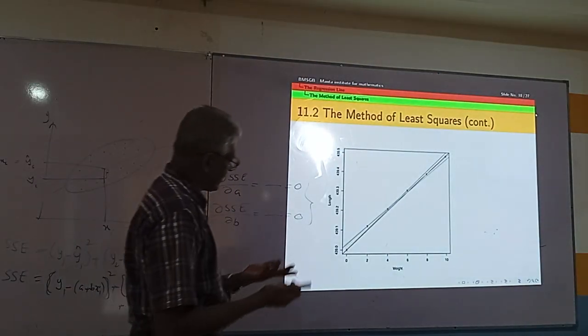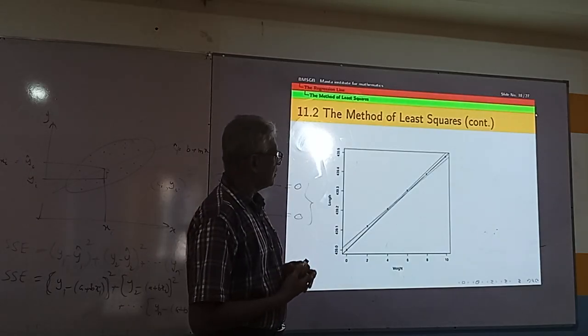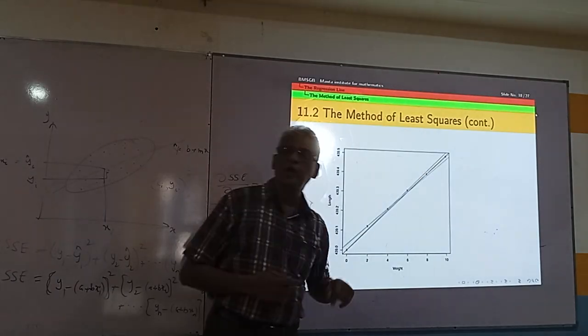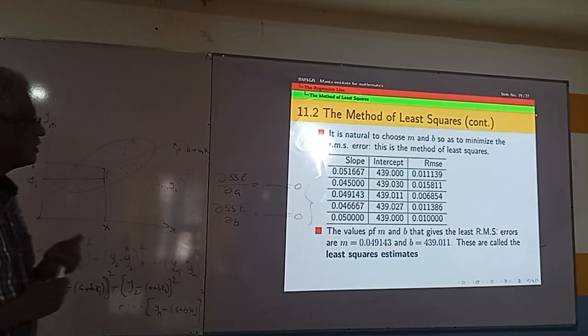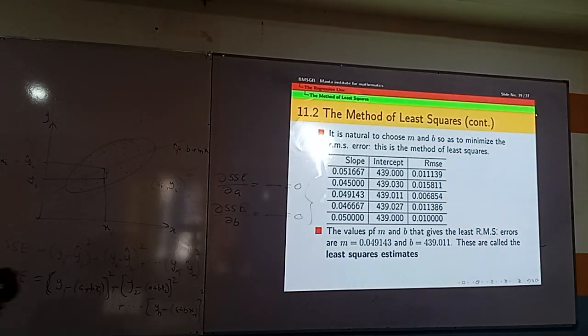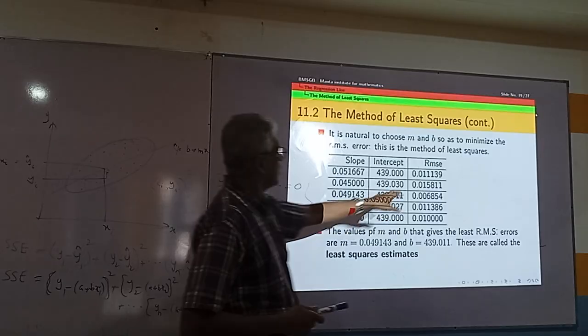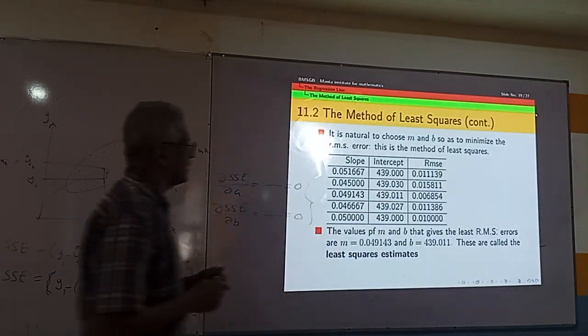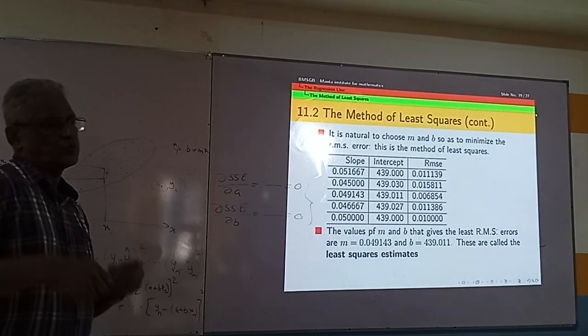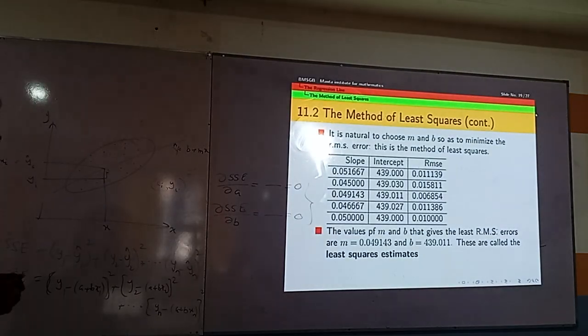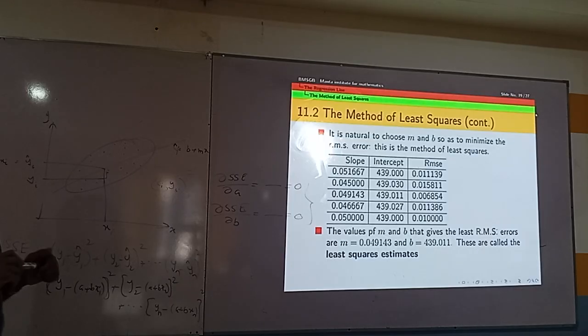And then I can find the sum of squares of errors for this blue line and so on. So when I did that, I got this table. Actually, what I have here is the root mean square. So if you take the square root of that, that is the one. Right. If you minimize the sum of squares of errors, of course, root mean square will also be minimized.